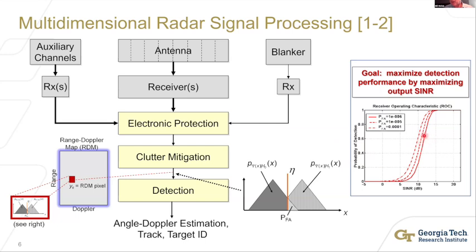As a benchmark, we usually want probability of detection around 90%, which requires on the order of 13 dB output SINR. You'll notice from the ROC curves that small degradation in SINR will lead to big changes in probability of detection. So the goal of processing is to be as high up on this ROC curve as possible.